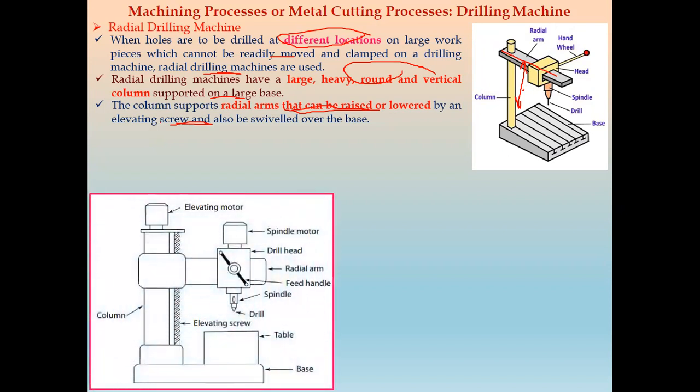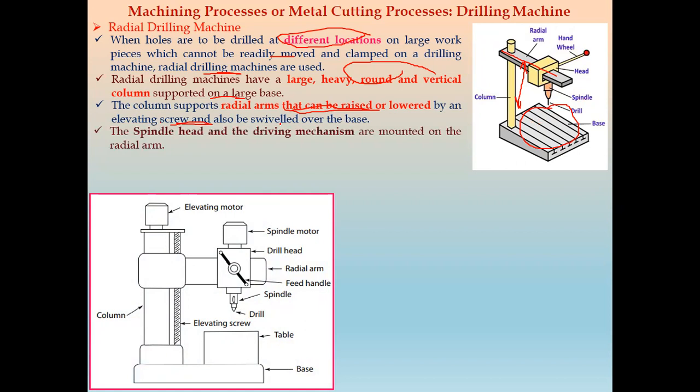Now, in this, generally, a work table is not required because the workpiece can be fitted directly on the base also. So sometimes we use a table or sometimes we do not use this work table.